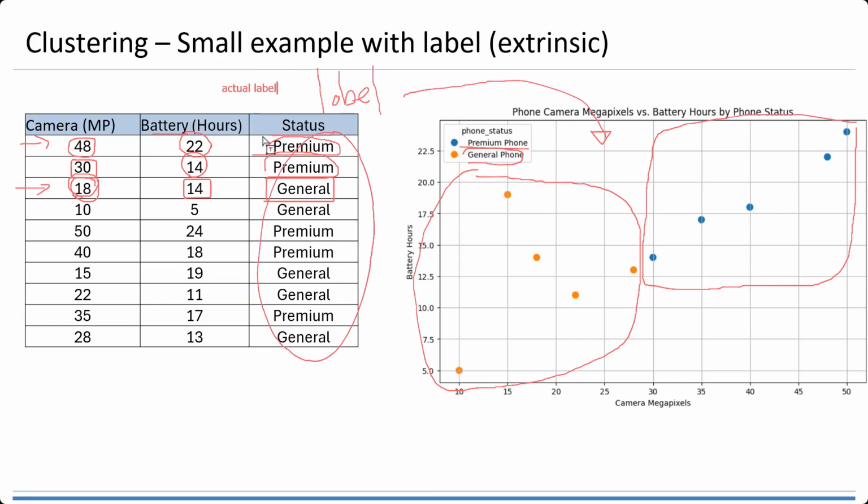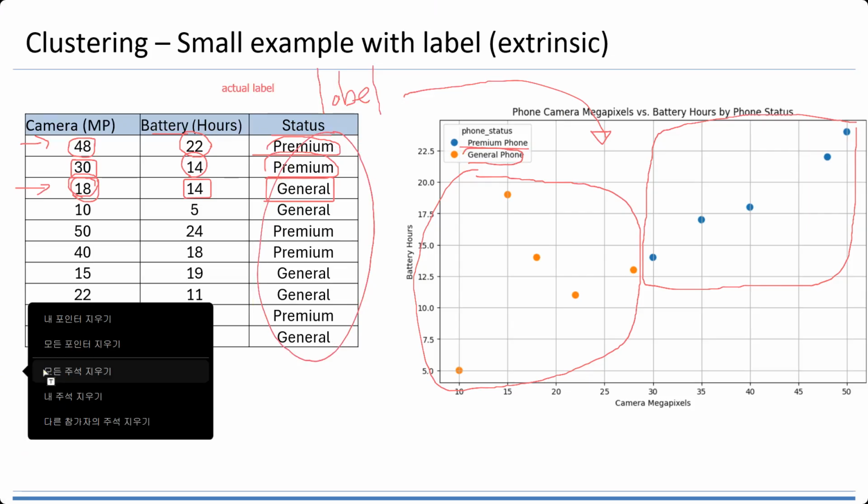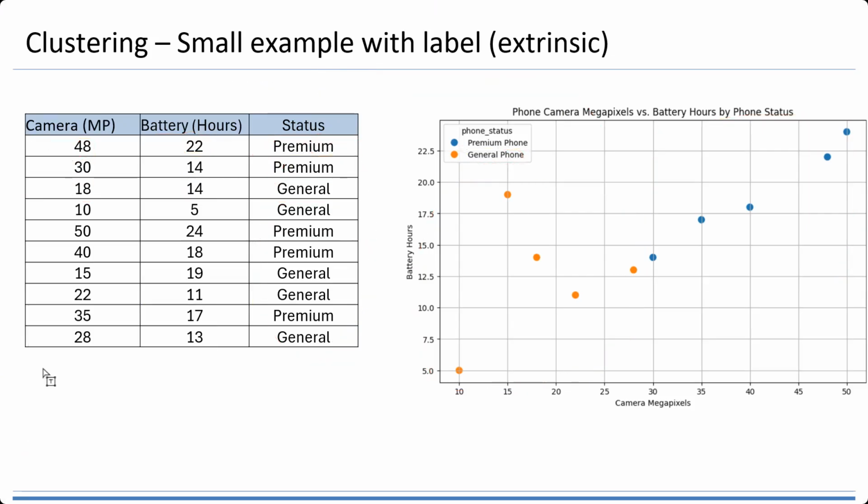So using this actual label, now I want to perform the clustering. If I perform clustering, I want to check the performance, which means I want to compare the clustering result with the actual label.